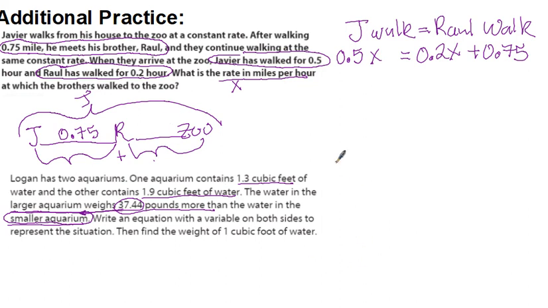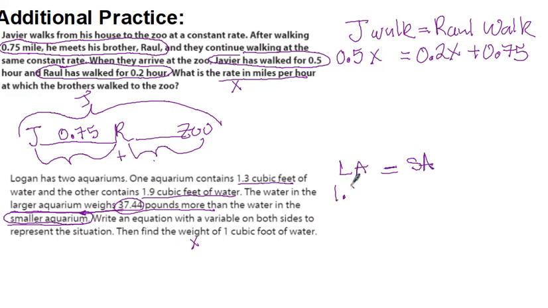Okay, so we don't know how much 1 cubic foot of water weighs. That's going to be our variable. So we know that the larger aquarium is going to be equal to the small aquarium, okay?